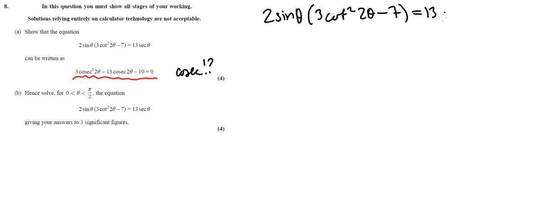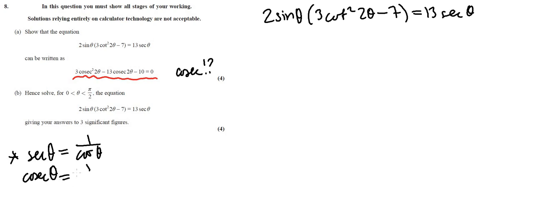That's equal to 13 sec theta. Right. So first of all, let's think. We know that sec theta is equal to 1 over cos of theta. And we know that cosec theta is equal to 1 over sine of theta.